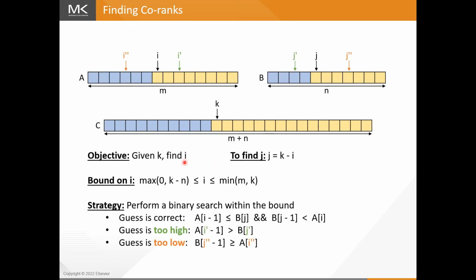So what we did is we put a bound on K, we put a bound on I, and then we also found a way to figure out if we guess an I, whether this guess of I is correct, too large, or too small.